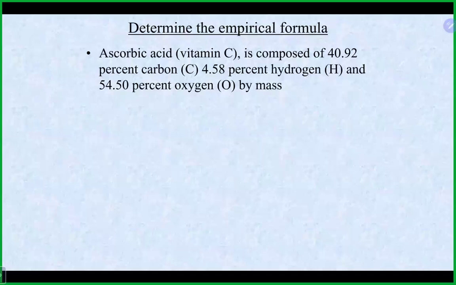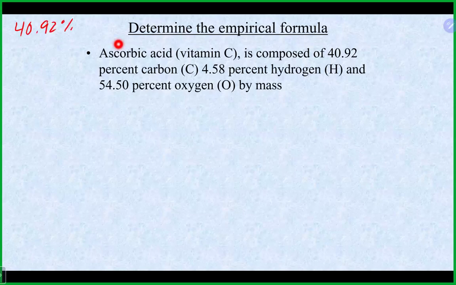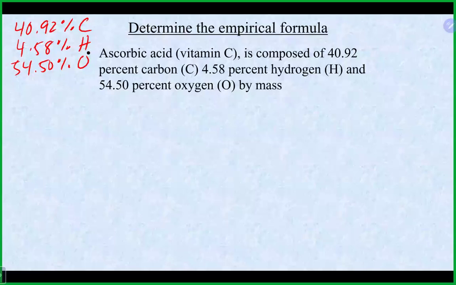Since we're given the percentages of each of these, we've got 40.92% carbon, 4.58% hydrogen, and 54.50% oxygen. One of the things you usually want to check is to make sure that all these percentages add up to pretty close to 100%, which it does in this case.